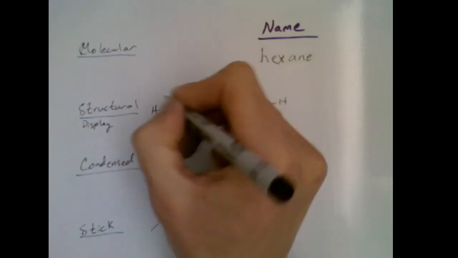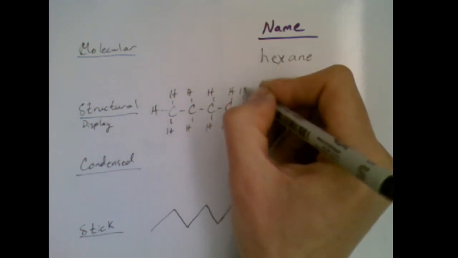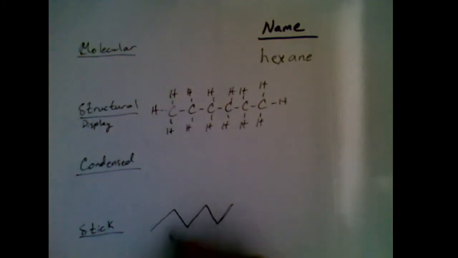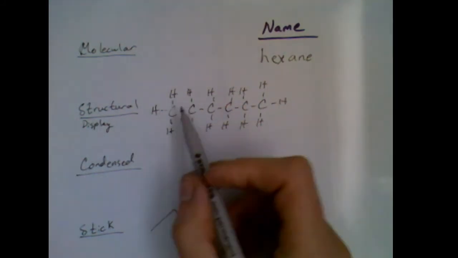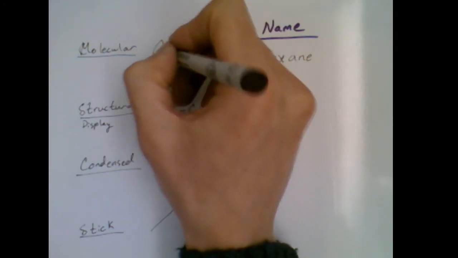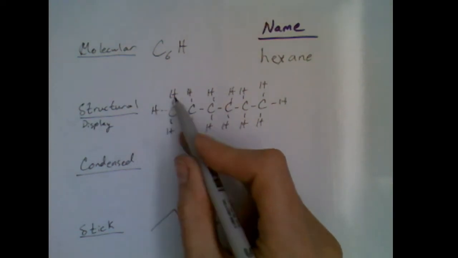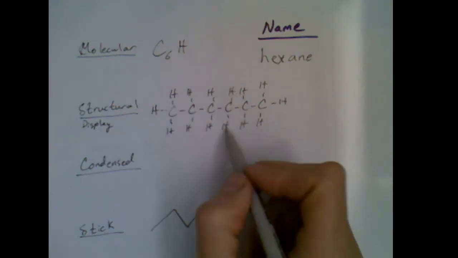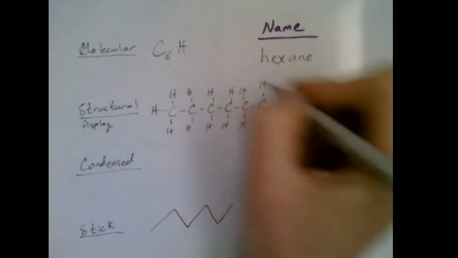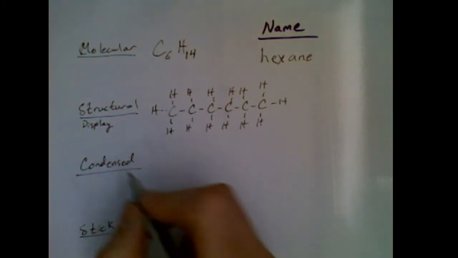And now you kind of see why when molecules get larger, this is not always something you want to be drawing, which is why we tend to write this one. Now, our molecular formula, we have 6 carbons, so C6. Count up your hydrogens, 1, 2, 3, 4, 5, 6, 7, 8, 9, 10, 11, 12, 13, 14. So C6H14.